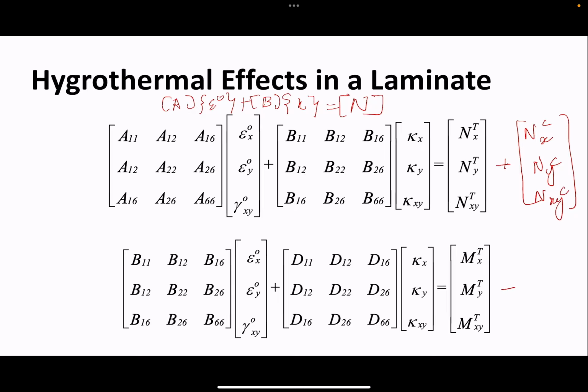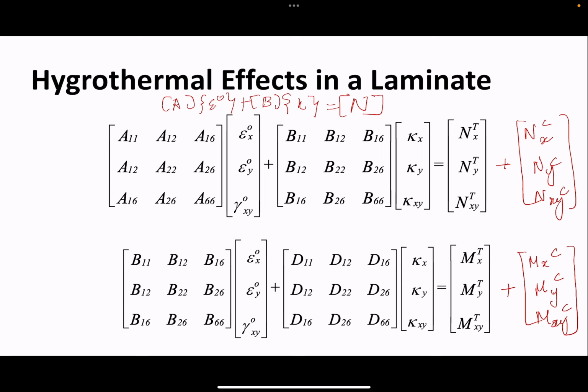It's the same thing for bending as well. You can have bending moments caused by the temperature change and bending moments caused by, or torsion, if you talk about MXY, all kinds of moments that are caused by moisture absorption, right? So this is the only change if you want to include hygrothermal effects.